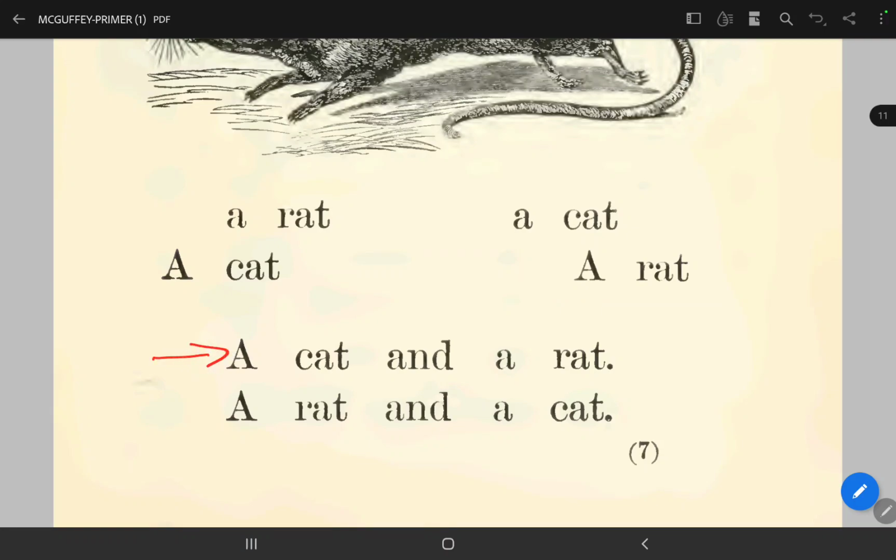The first word of this sentence is A, and you can see it's capitalized because it's the first word of a sentence. The next word, C-A-T, k-a-t, cat. The next word, A-N-D. A, the English short A, the N says N, an, and put the D at the end, D, and.